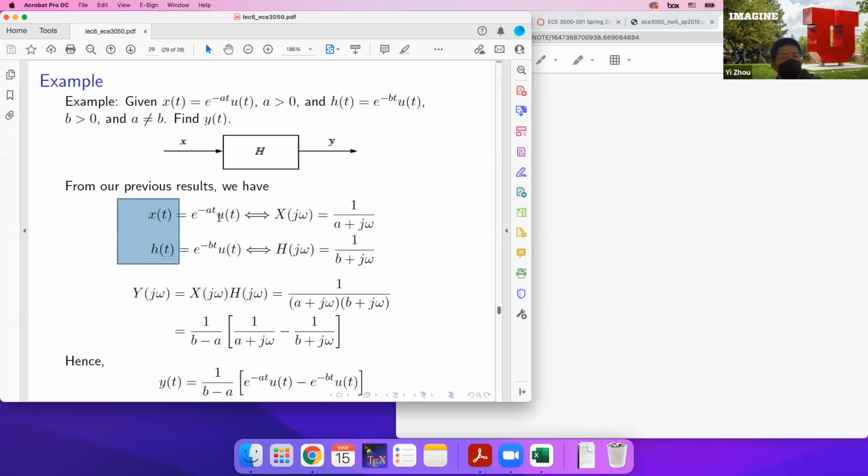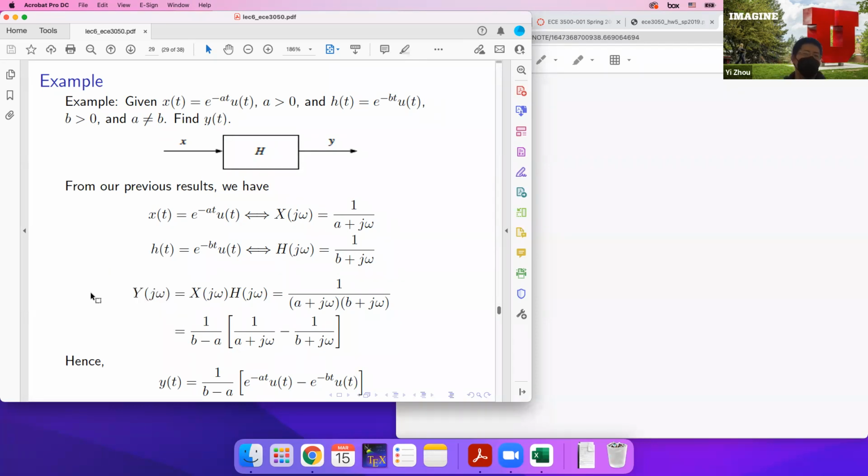Since the signals are given already and are in a standard form, you can look into the table of Fourier transform pairs, and you can see that these exponential signals have their Fourier transform take this specific form. Then, having these spectrums, we simply multiply them together. And this gives the spectrum of the output signal.